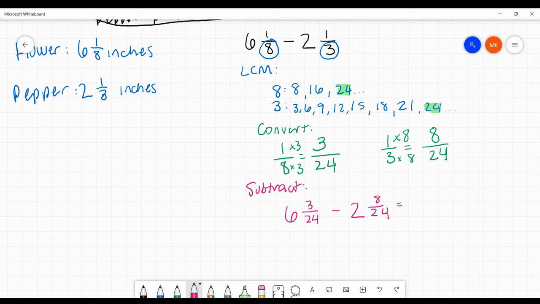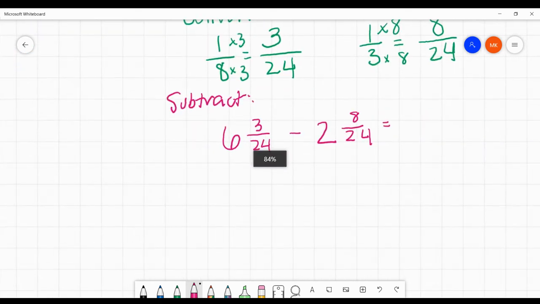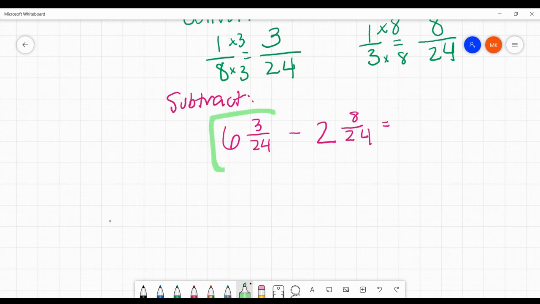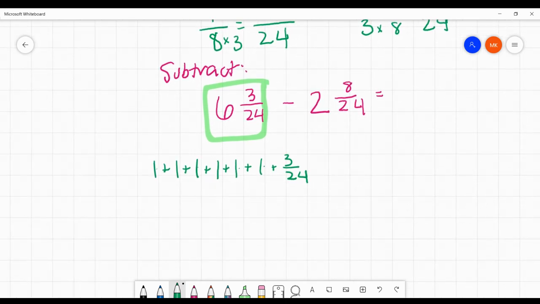I'll start with my fractions. If I only have 3, I cannot take away 8, so I will stretch out this first number. I have 1 plus 1 plus 1 plus 1 plus 1 plus 1 plus 3 over 24. So I can see I have 1, 2, 3, 4, 5, 6 wholes in my fraction.